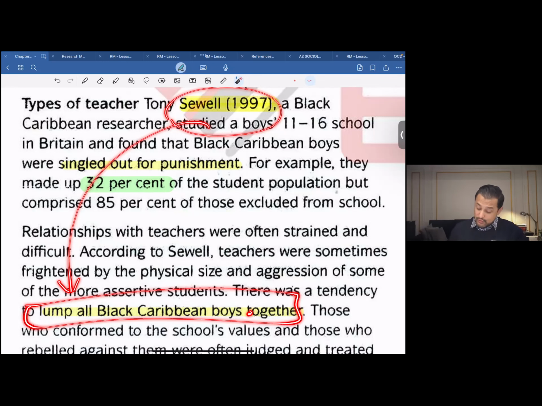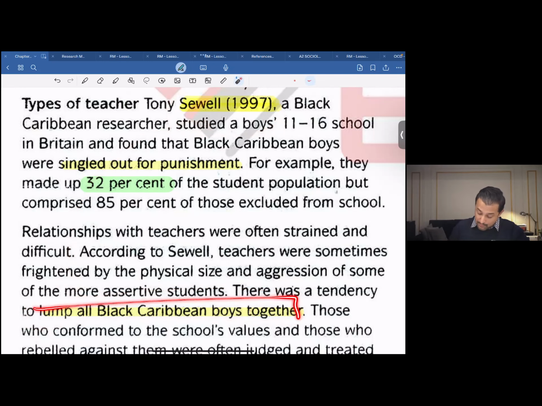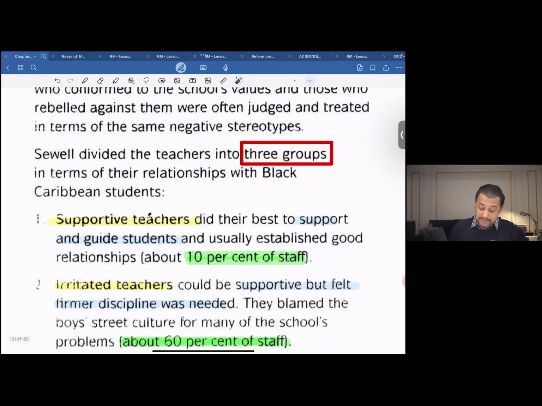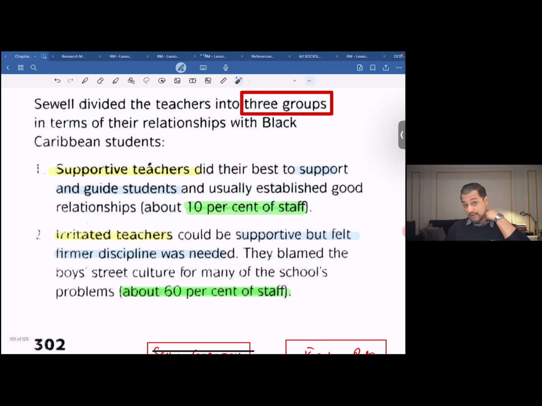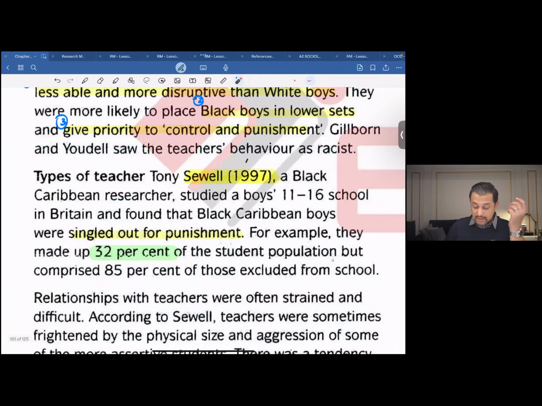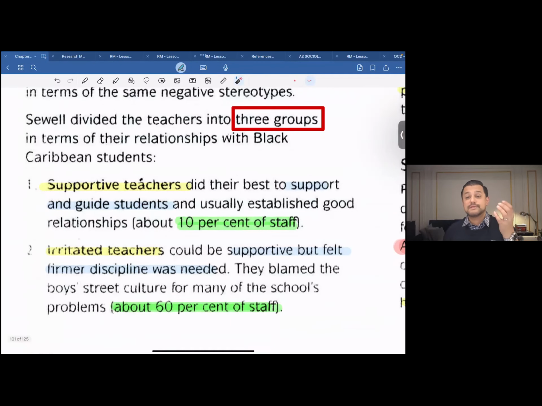So according to Tony Seville, teachers lumped up all Black Caribbean boys together, and Tony Seville divided them. Now, according to Seville, through this research that was conducted in 1997 on a school that had 11 to 16-year-old boys, he found that there were three different groups.